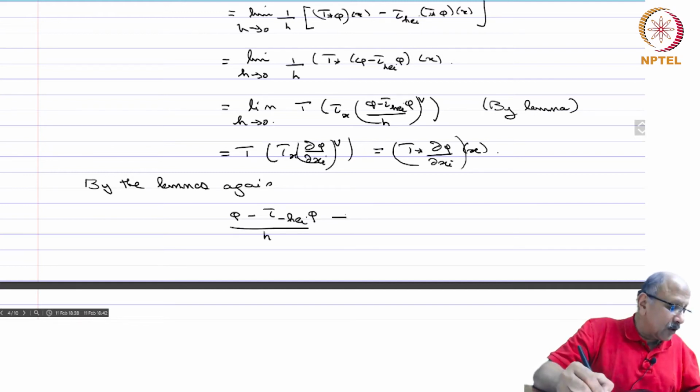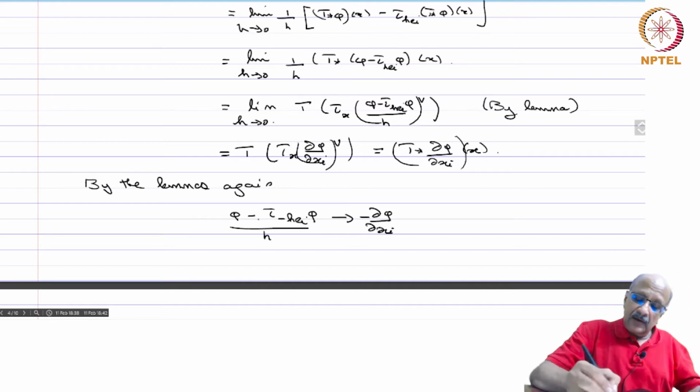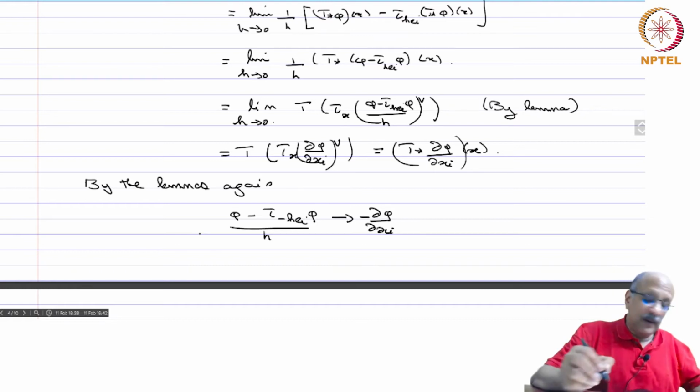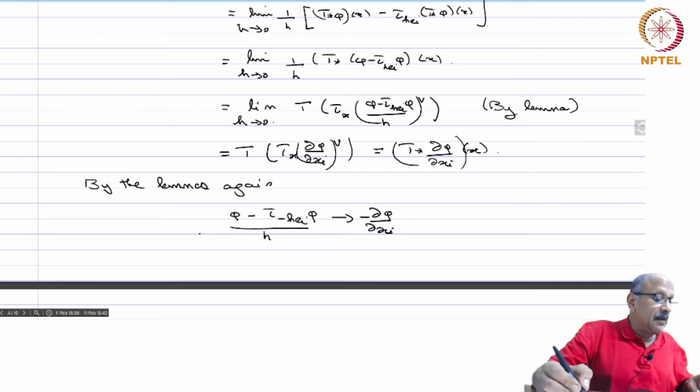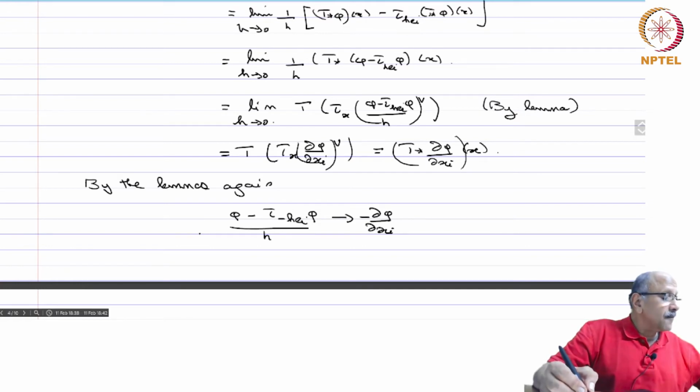Now, this will go to minus d phi by dxi because you are taking the difference quotient in the opposite direction. Tau of minus h ei will be phi of x plus h ei. So, phi of x minus phi of x plus h ei by h will go to minus d phi by dxi by the same lemma.